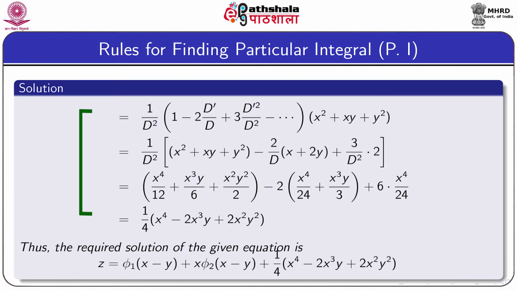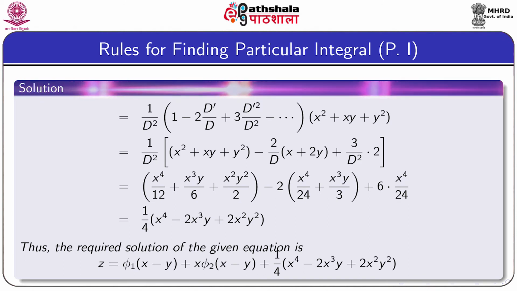So, in the second line we write, we first operate 1 on the function x square plus xy plus y square. So, it becomes x square plus xy plus y square, and if we operate the second term minus 2 d dash by d, this d dash is the differential operator with respect to y. So, if we differentiate x square plus xy plus y square with respect to y, it becomes x plus 2y.